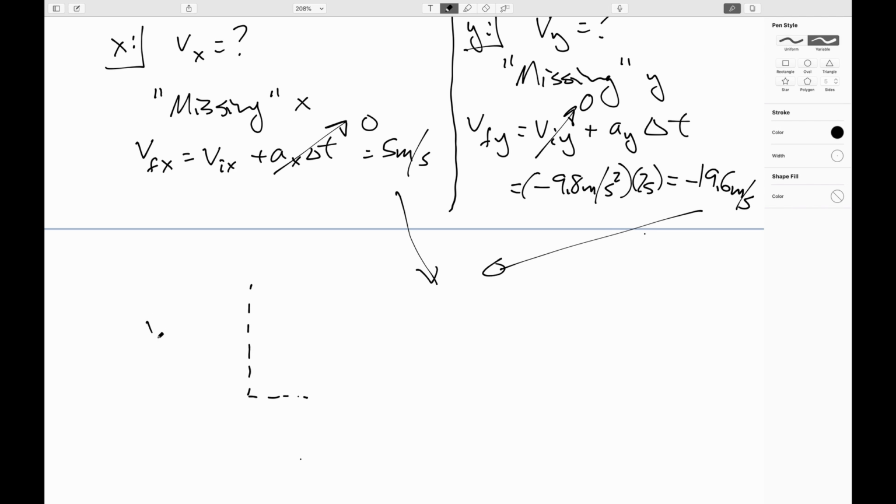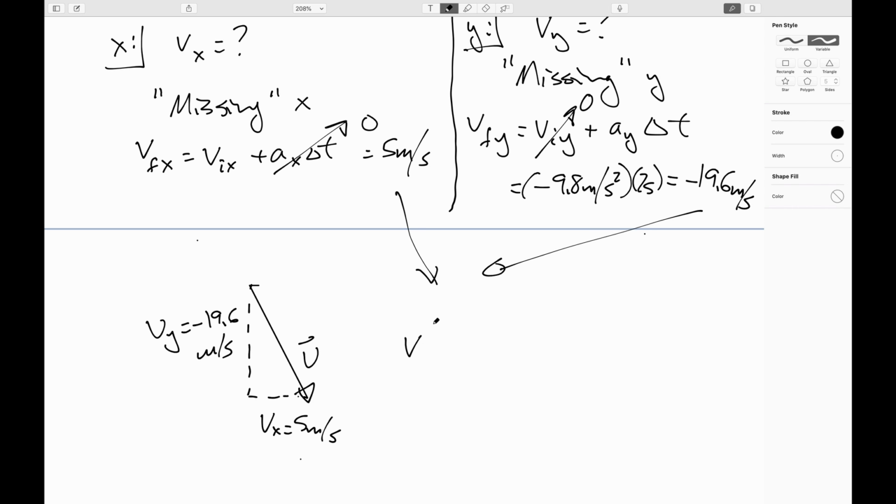In fact, it won't be. Vy is negative 19.6 meters per second. Vx is 5 meters per second. We could work out the angle if we were so inclined, but we were not asked for that.